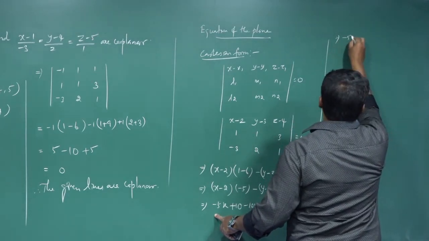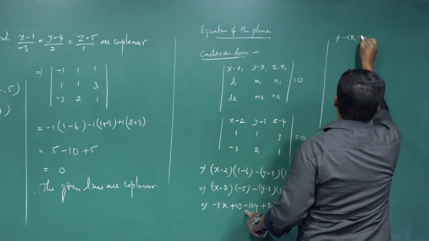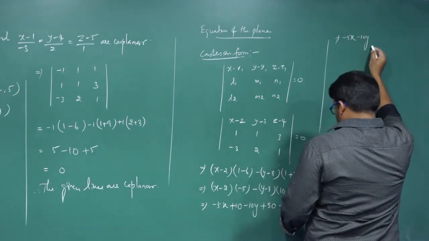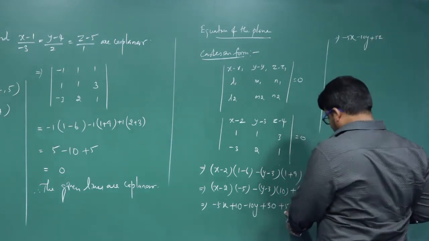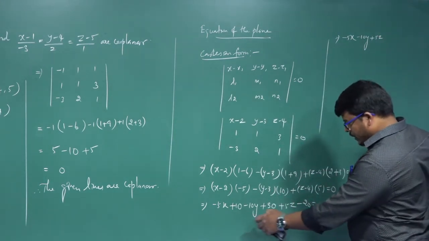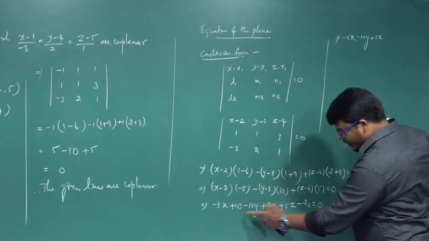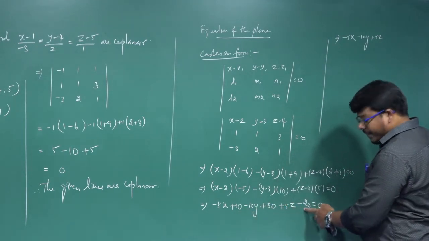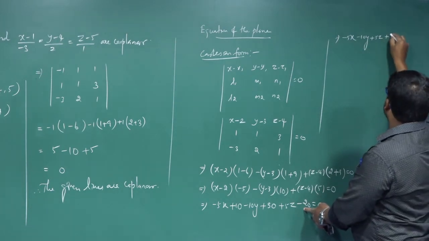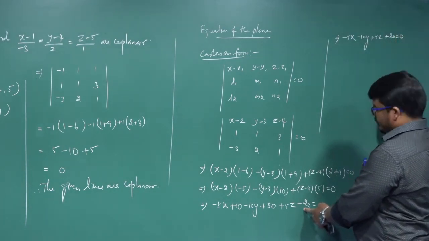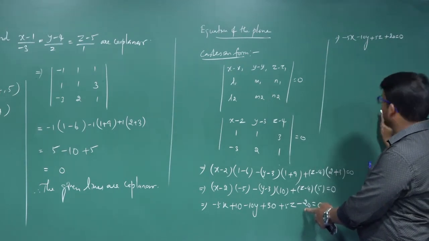Arranging the equation: minus 5x minus 10y plus 5z and the constant term. 10 plus 30 is 40, 40 minus 20 is 20, plus 20 equal to 0.